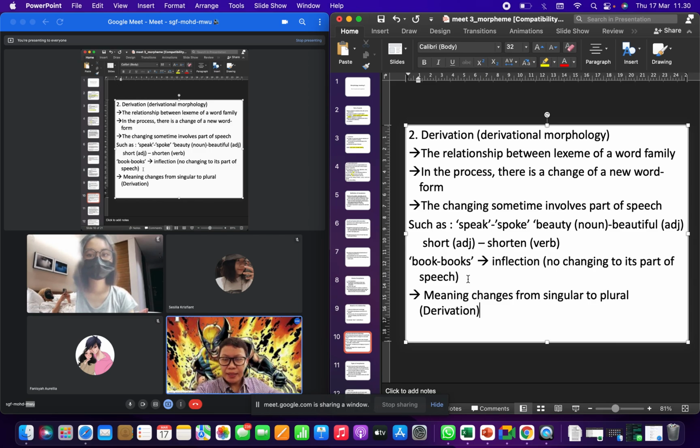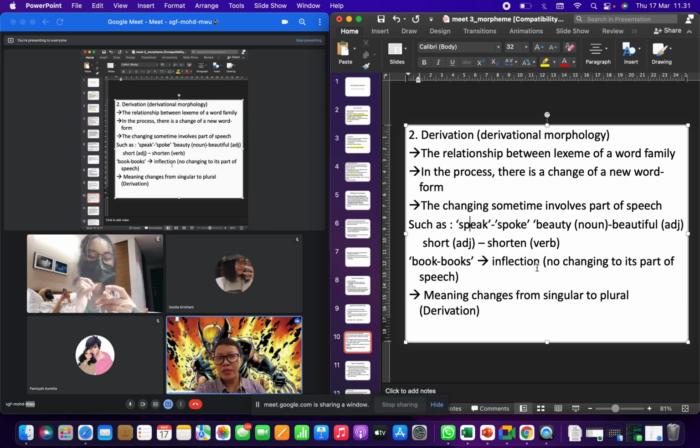Like this, it's based on the morpheme itself. So is it clear? Okay. Speak to spoke, based on its word form, there is no change because it's still a verb.